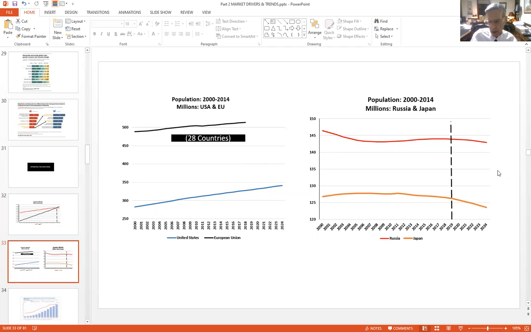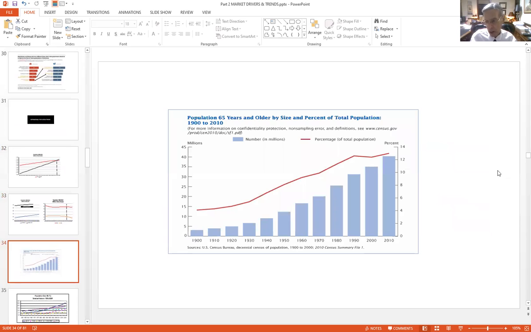Japan is a highly industrialized nation, has high technology, and yet its birth rate and its population is declining.